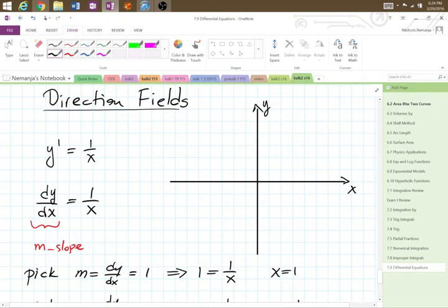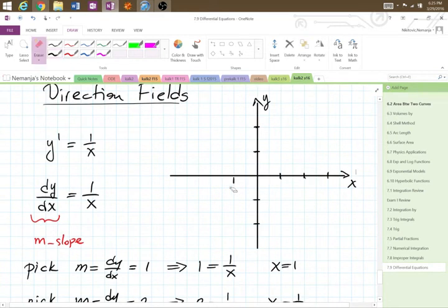And I'm going to choose one unit to be 2 squares so it's larger, so we can actually see it. All right, so that's 1, 2, 3, -1, -2, -3 on the bottom, 1, 2, 3 on the top, and so on. All right. So what do I have?